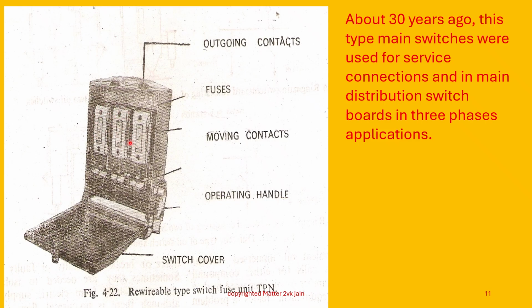These are rewirable type, and this shows the moving contact which moves from here to disconnection. This is the operating handle provided on the side. So it will disconnect these fuses and disconnect the further circuit going.